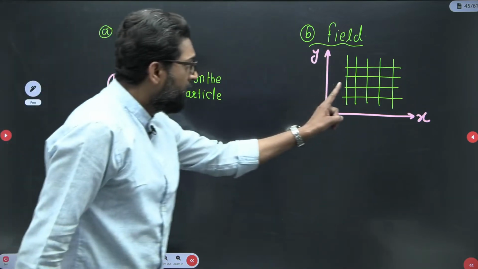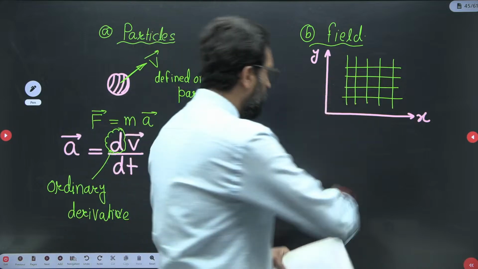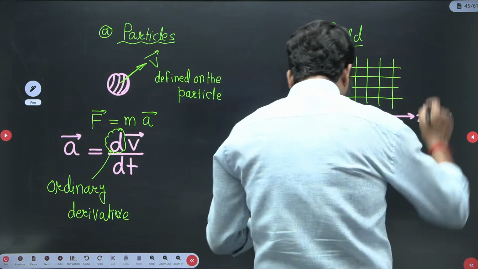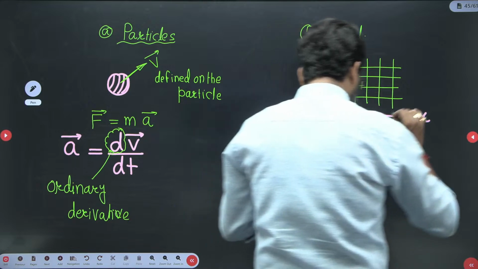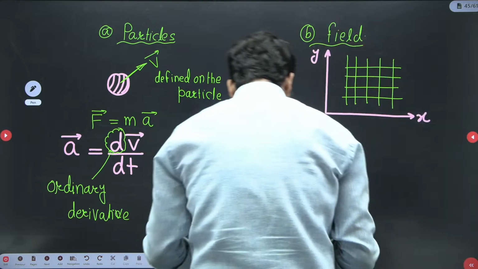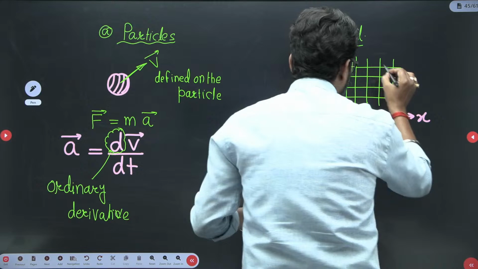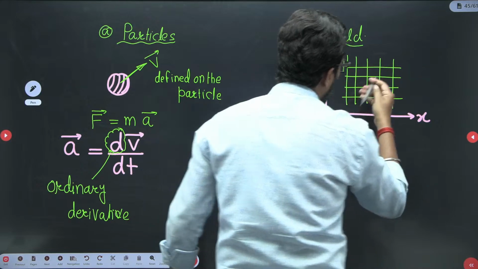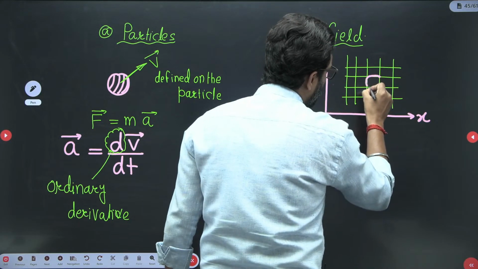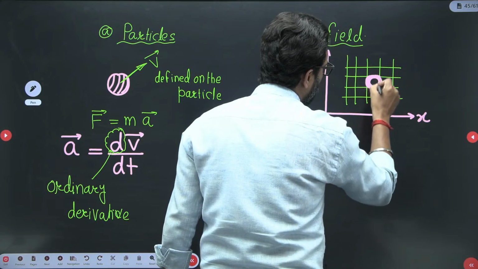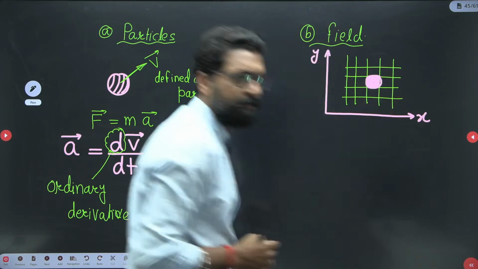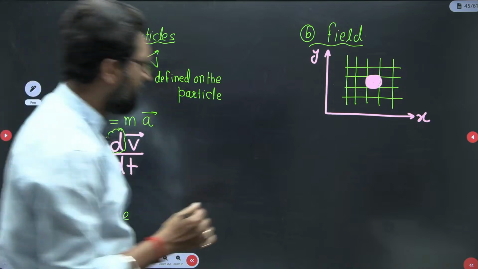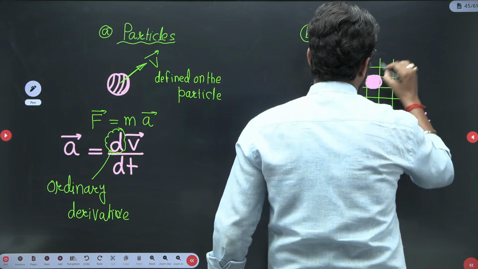In the field, we have to focus on a region in the space. You have to focus on one region in the space.